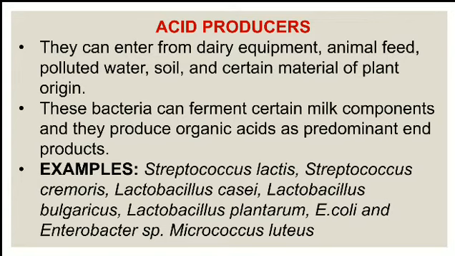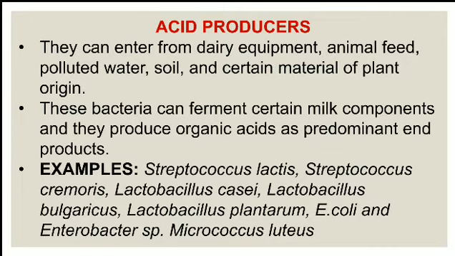First are the acid producers. They can enter from dairy equipment, animal feed, polluted water, soil, and certain material of plant origin. These bacteria ferment certain milk components and produce organic acid as the predominant end product.